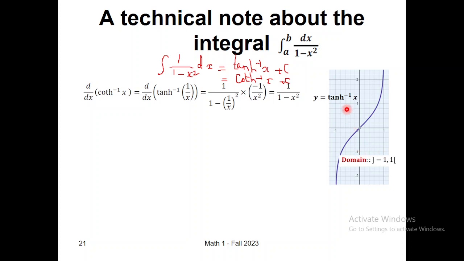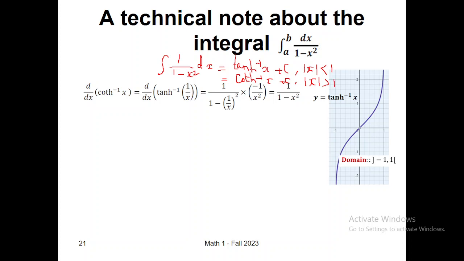So for tangent inverse, x in absolute value should be smaller than 1. But for cotangent inverse, modulus x, absolute x, should be greater than 1.